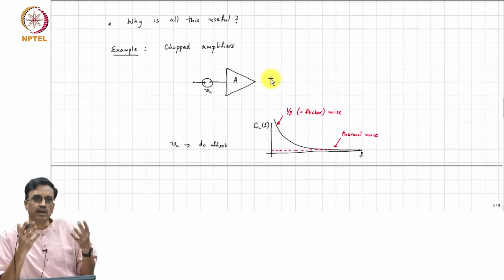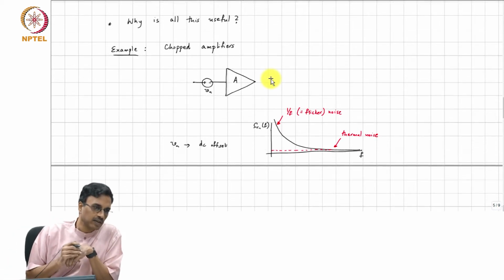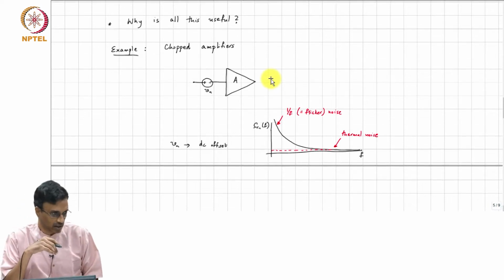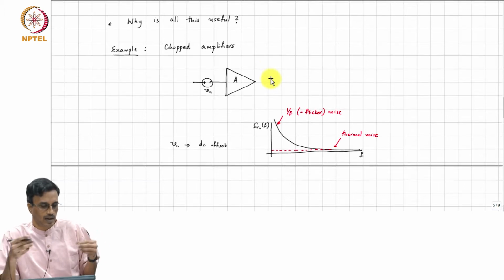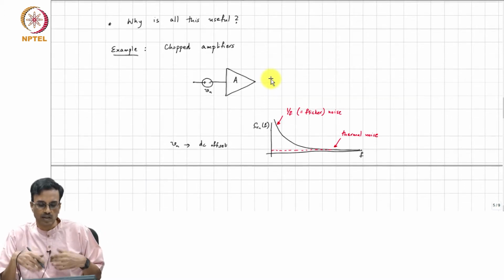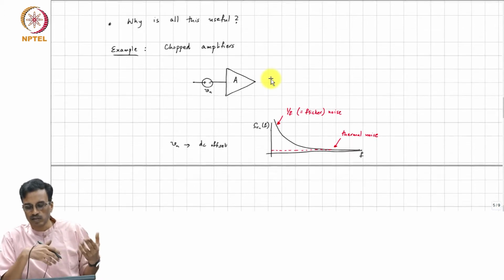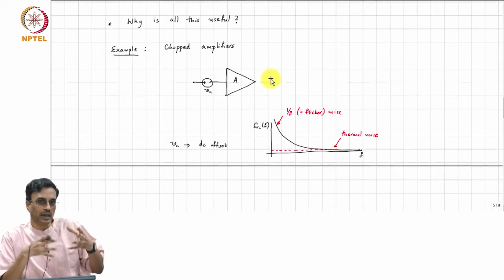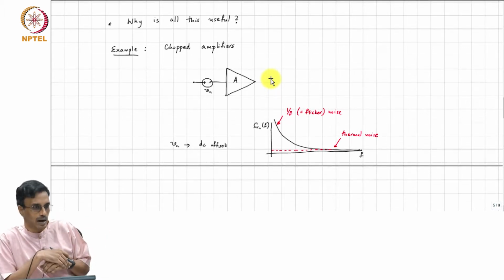The only way to reduce its spectral density is a much cleaner manufacturing process, which is very expensive. You can also reduce it by increasing the area of the MOSFET, but then speed becomes compromised, and to reduce the flicker noise spectral density by a factor of 10, you have to make the area of the device 100 times larger. So that is a losing battle.